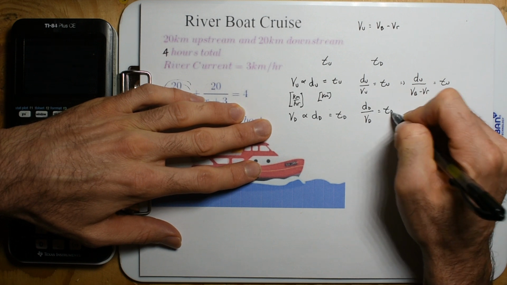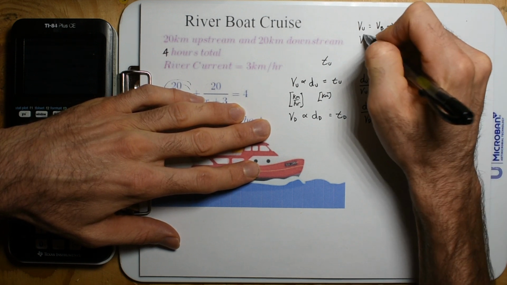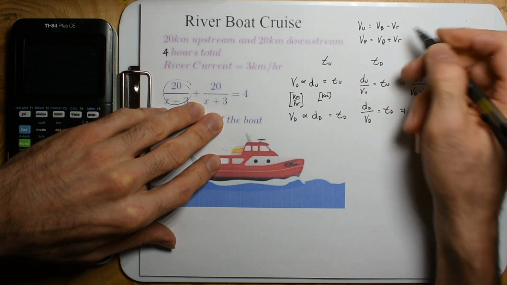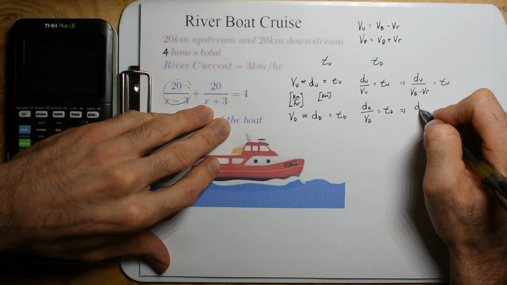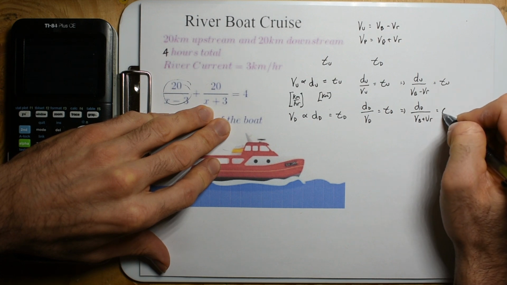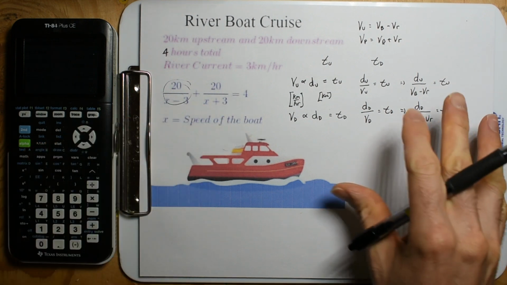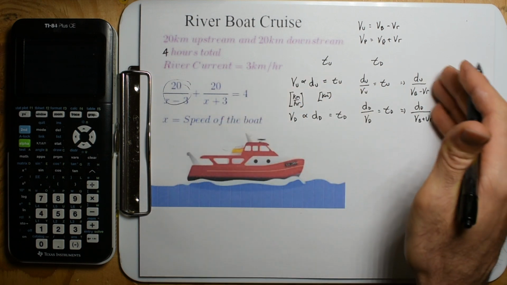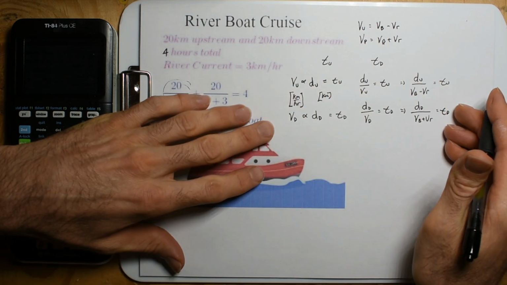That's going to equal the time going downriver. And the velocity going downriver is just the velocity of the boat plus the velocity of the river. We're going to increase in speed. So we have the distance downriver over the velocity of the boat plus the velocity of the river, equal to the time downriver. There are so many letters here that unless you played around with it, some of these might not make a whole lot of sense.